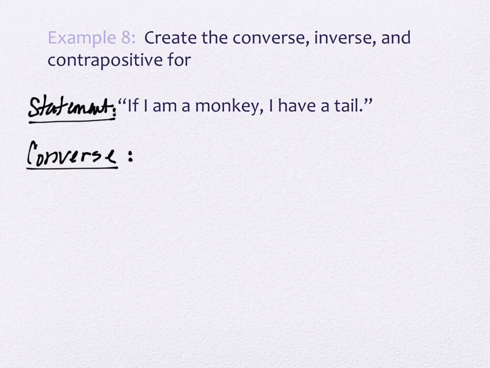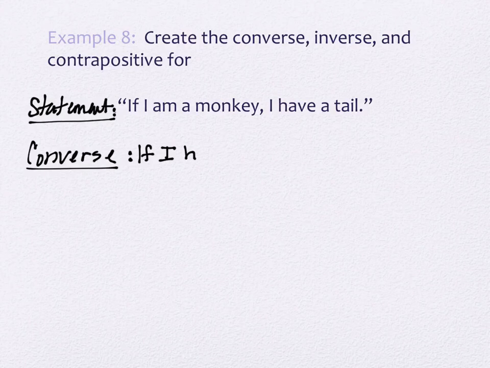In the converse, we take the two statements and reverse the order, okay? If stays at the beginning, don't go moving the if. The if's not moving, the then's not moving. It's the statements that are moving. So it still says if, and then it says if what?